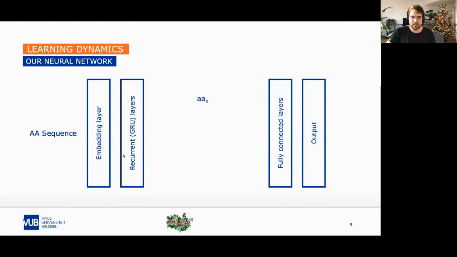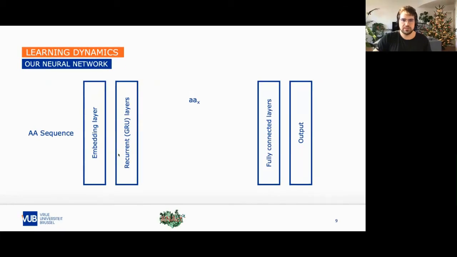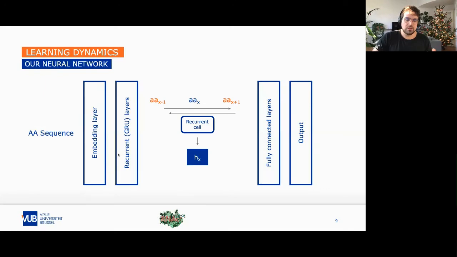What we're doing with this layer is that if you have an amino acid in a certain position, it's surrounded by other amino acids, and the properties of the surrounding amino acids might affect the properties of this amino acid itself. With a recurrent cell that goes both ways, left to right and right to left, you calculate the hidden dimensions of this amino acid, which carry information about the neighboring amino acids.